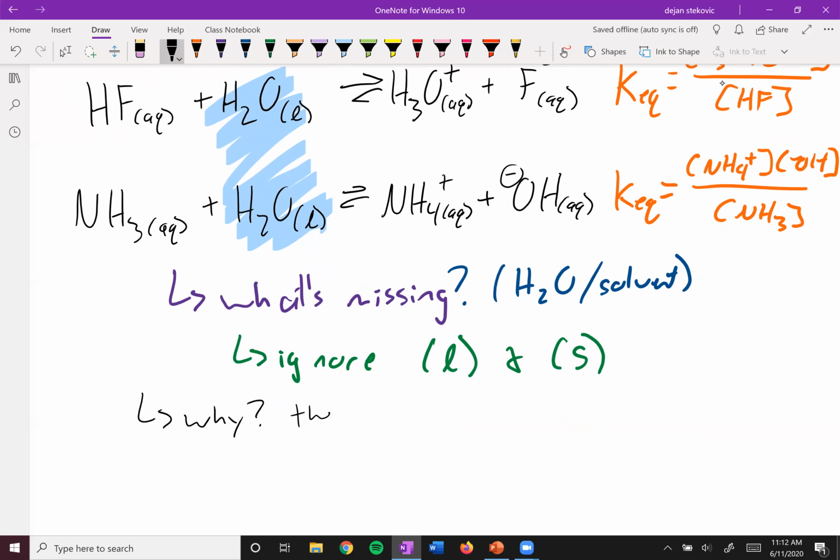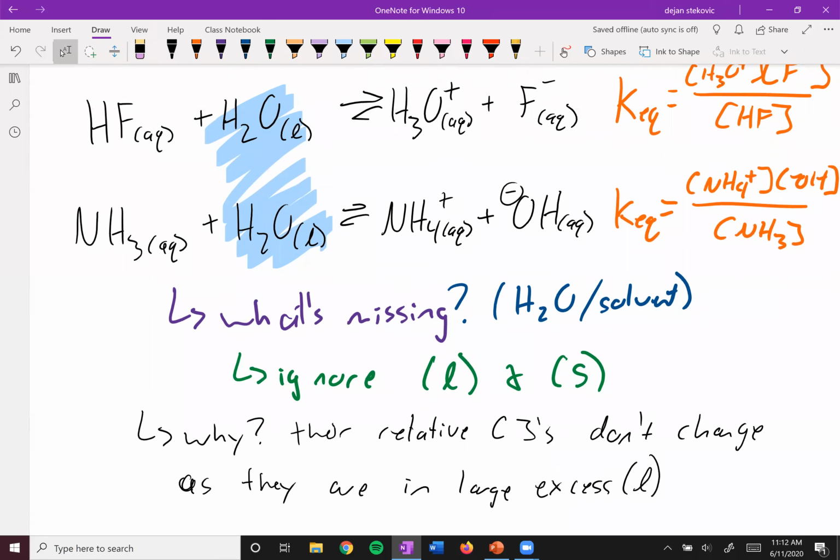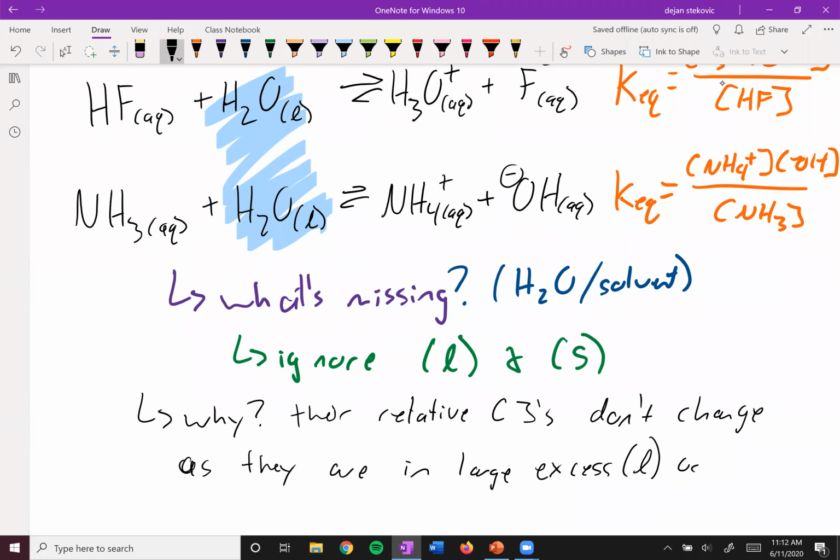But we're just going to say that their relative concentrations don't change as they are in large excess, in the case of the water or the liquids. You've got so much of them that basically their concentration is not changing.